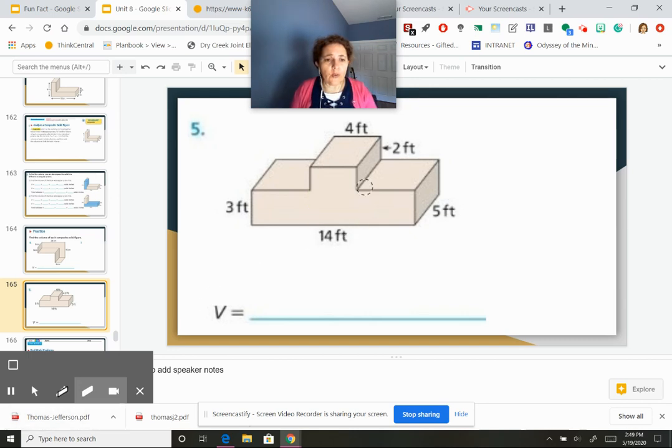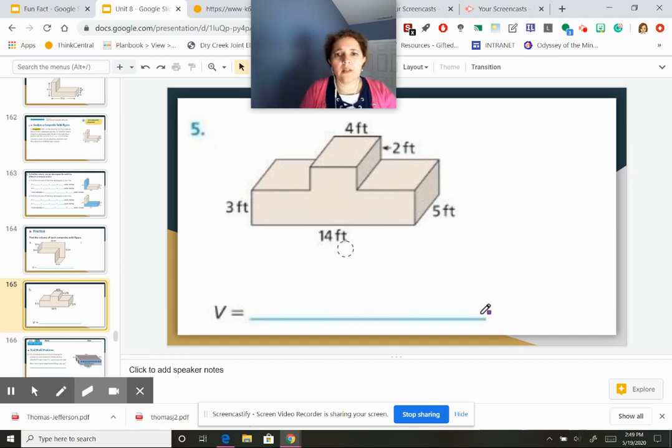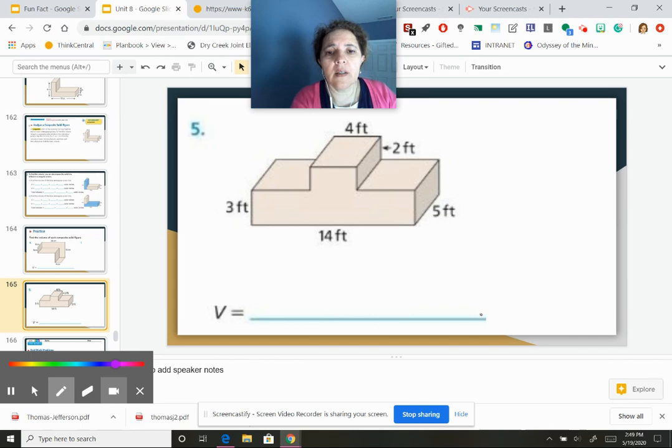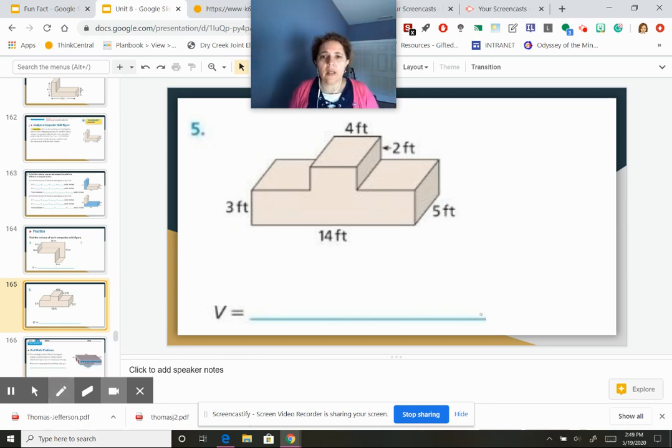Yeah, so if you said to cut it right here, you would be correct. Because then, if I cut it right there, now I'm going to have one shape at the bottom and one shape at the top, right? So I can have volume 1, volume 2.